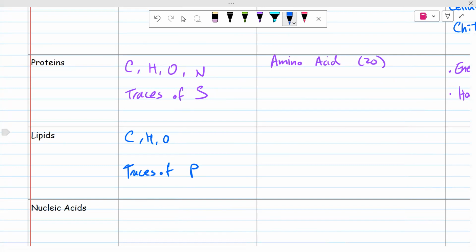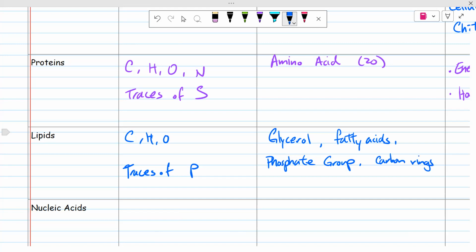Okay, so the components include things like glycerol, fatty acids, phosphate group, carbon rings, right? These are the key things that we could use to build different kinds of lipids.